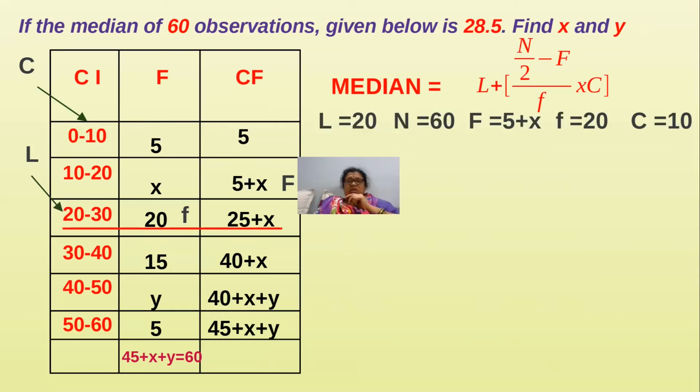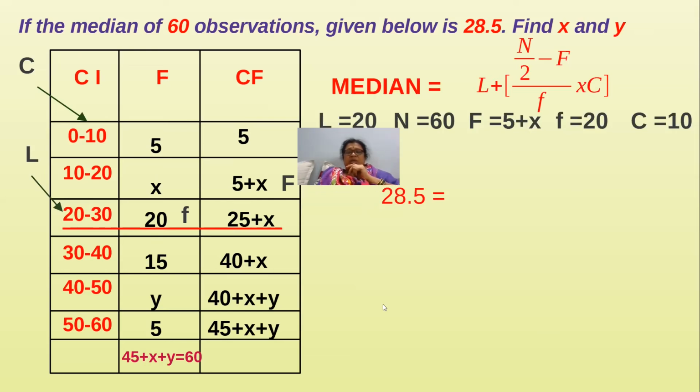Now we'll write down the values. The lower bound L is 20, N is 60, capital F is 5 plus x, small f is 20, and C is 10. Now we know the median is 28.5.